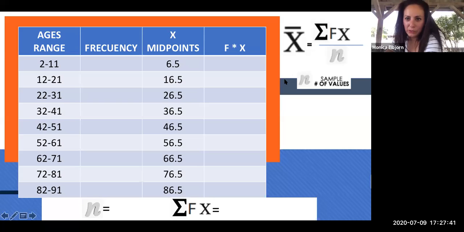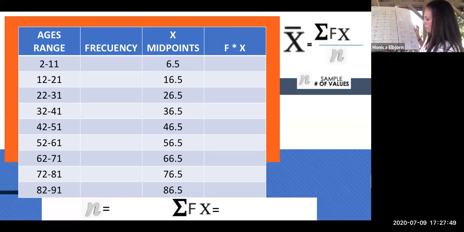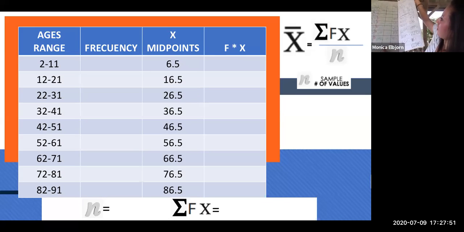So now in order to get our x bar, we divide the sum of all the values, 1,224.5 divided by 33. How much is that?